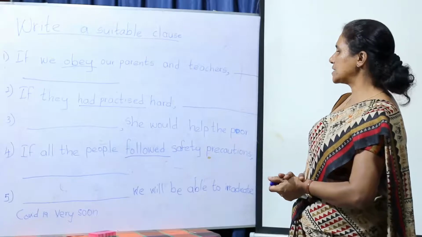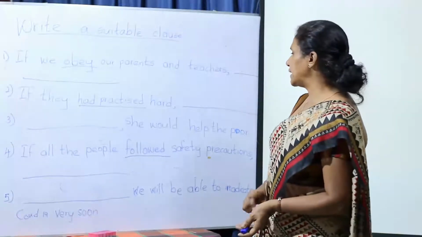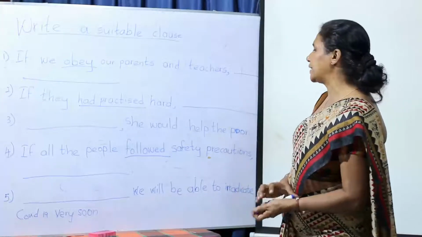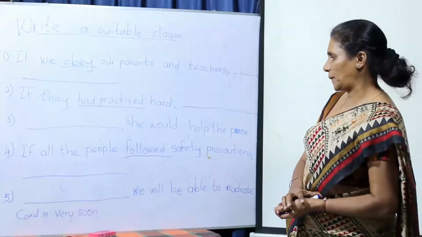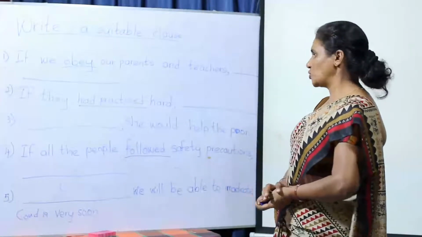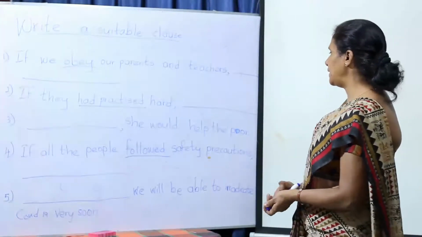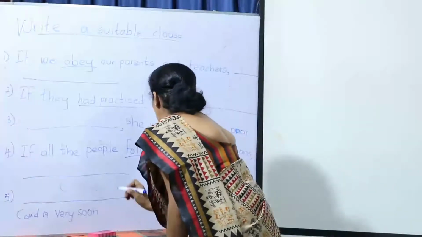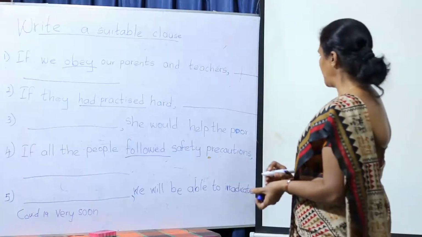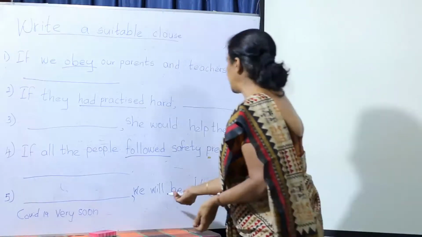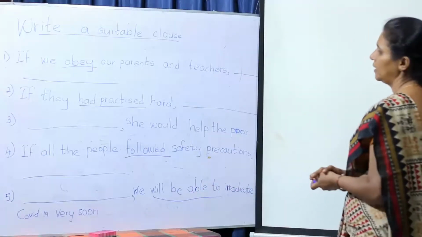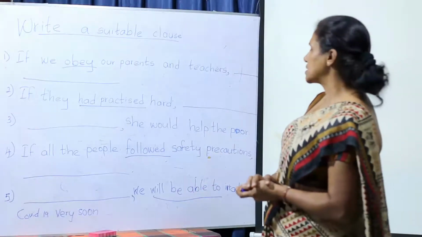Right? Then the last one, the blank is given at the initial position. We will be able to eradicate COVID-19 very soon. Right? Relevant to the situation in the country. Right? Now here there should be a comma. Right? So then we will be able to, here it is simple future, so it should be in the if conditional clause type 1.